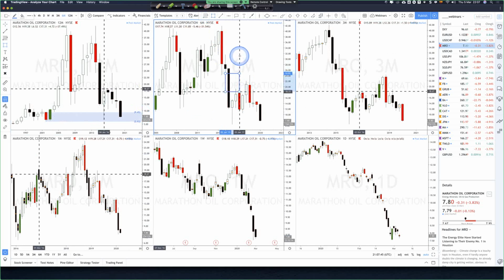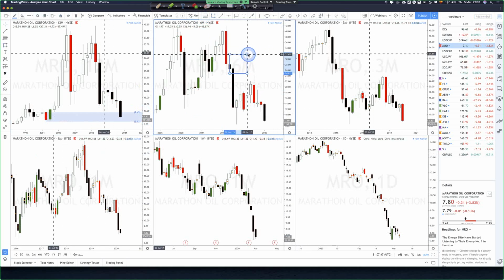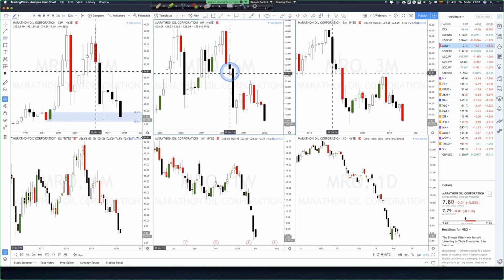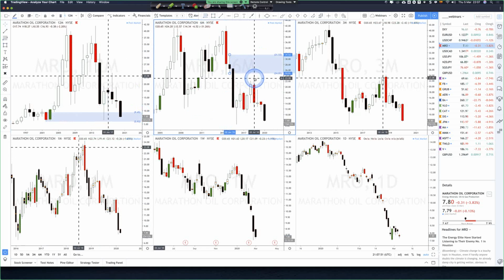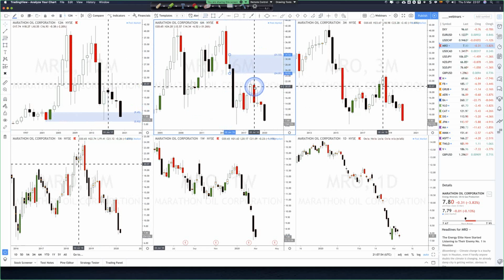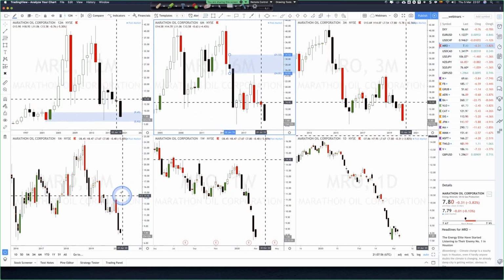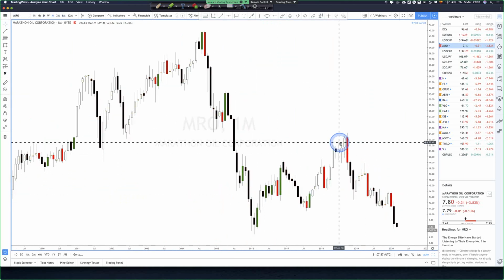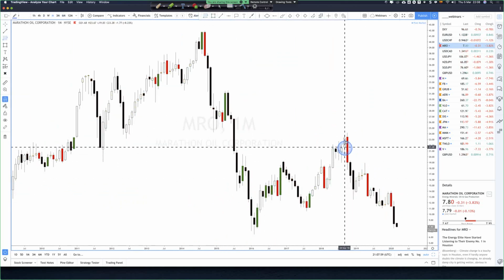It fell short of filtration to that one, engulf, and then on the way down we are creating new areas of supply on the monthly, like that one.